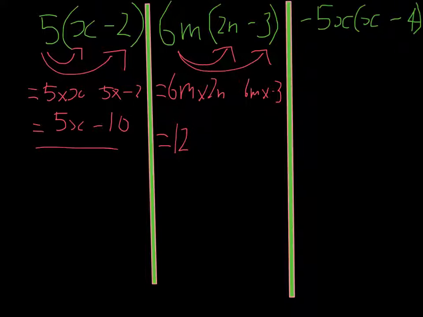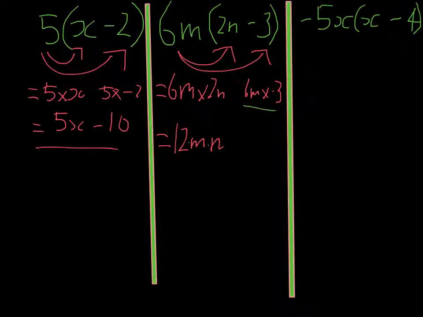M times n, you can't combine them, so it's left with mn. That essentially means, I'm going to use a green dot here to show the multiplication symbol, 12 times m times n. But we don't need to actually write the multiplication symbol. We can simply write that as 12mn.